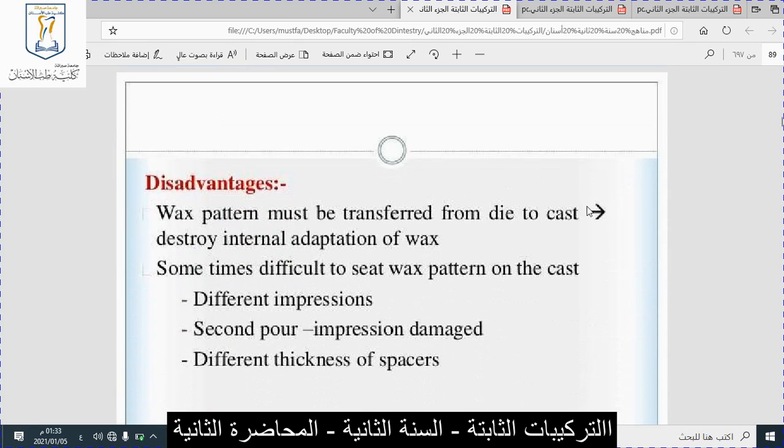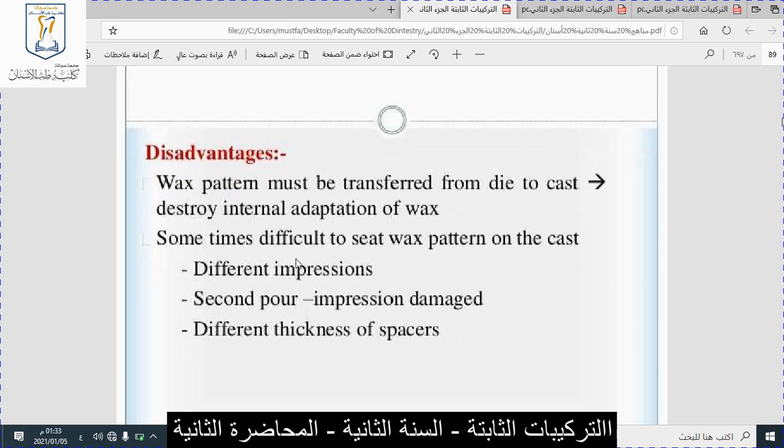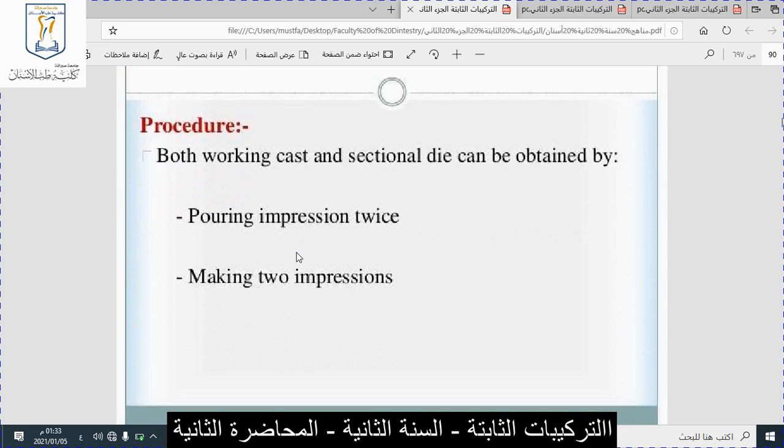Disadvantages: it needs multiple pours, so sometimes the impression will be distorted. The second pour will be damaged because it is poured a second time with stone. Procedure: pouring the impression twice, one for the die construction, the other for the cast.